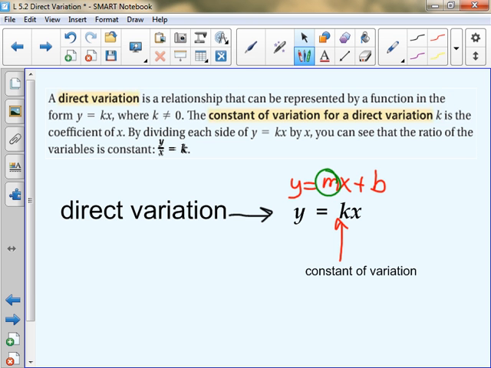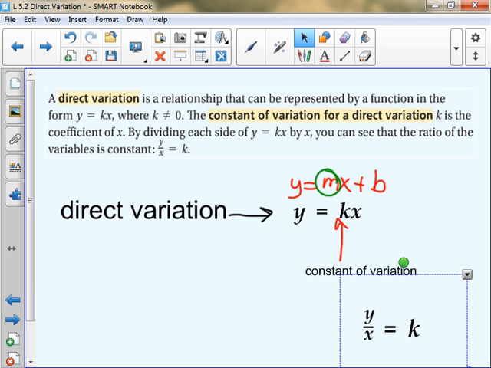The only difference is, in a y equals kx equation, there is no plus something. It's just y equals kx. The k is the constant of variation, and you can find the k at any point just by dividing y divided by x.